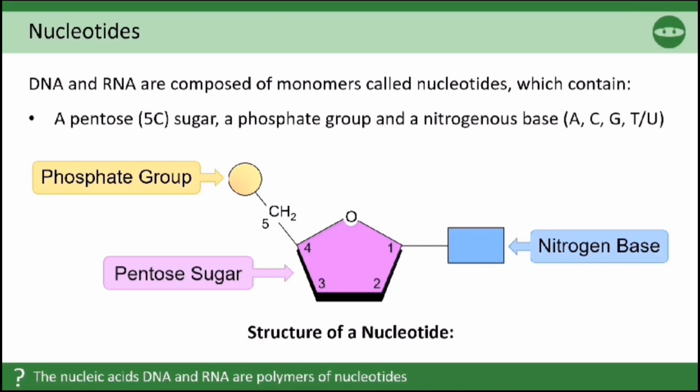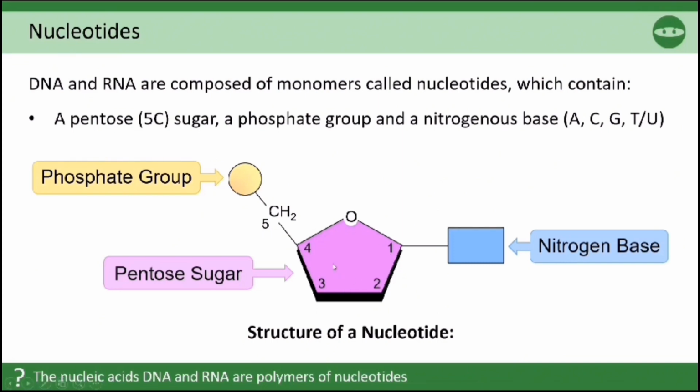Again, these nucleotides have a phosphate group, a sugar, and a nitrogenous base. This nitrogenous base could be one of five types: adenine, cytosine, guanine, thymine, or uracil.